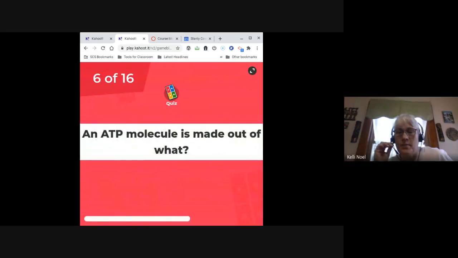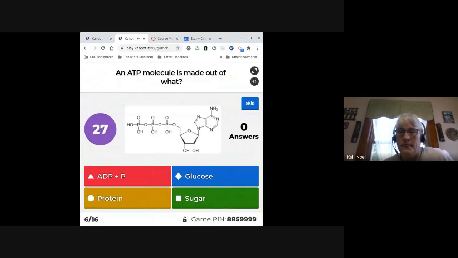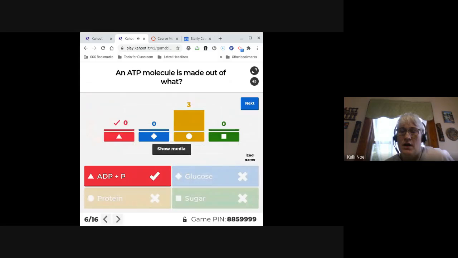All right, an ATP molecule is made out of what? All right. This ATP is not a protein. That was a good guess, but it's not a protein.